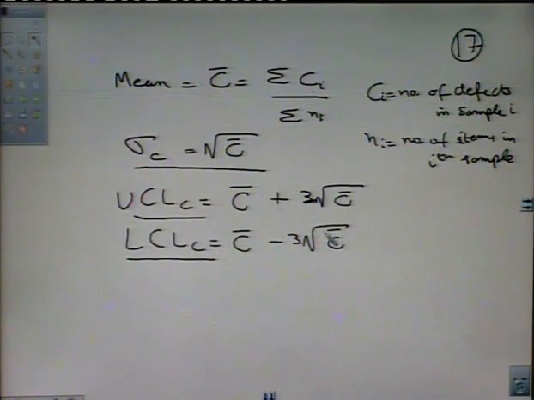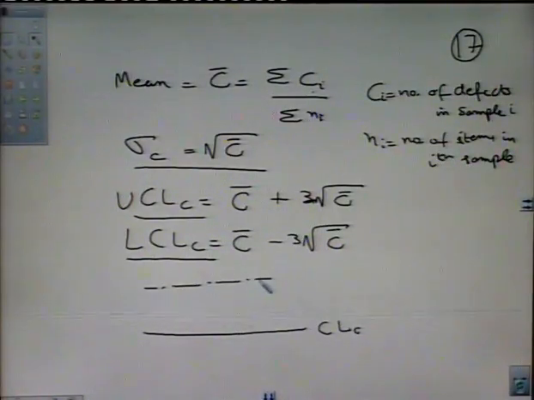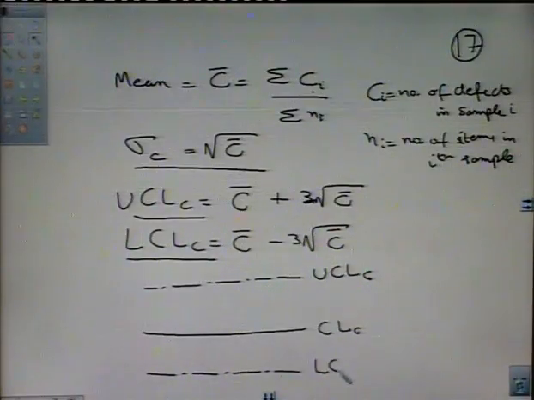The same methodology is used. We show the center line with a solid line. For the C chart, the upper control limit is the dash line, and the lower limit is again a chain line.